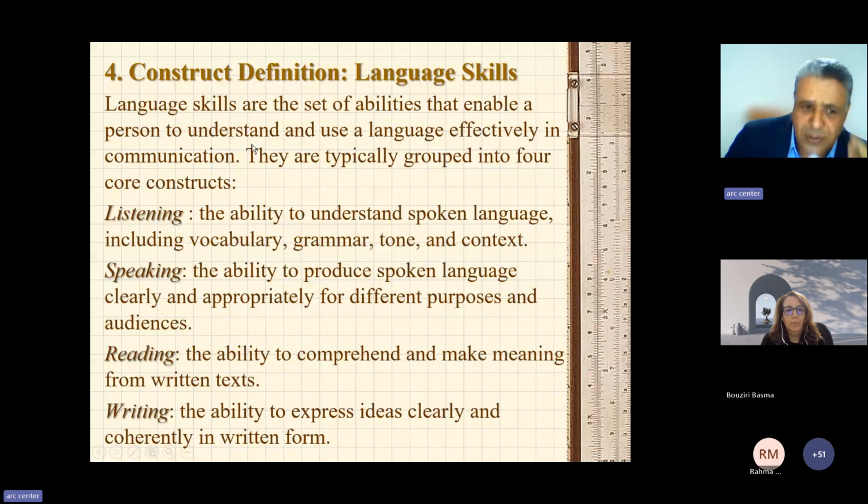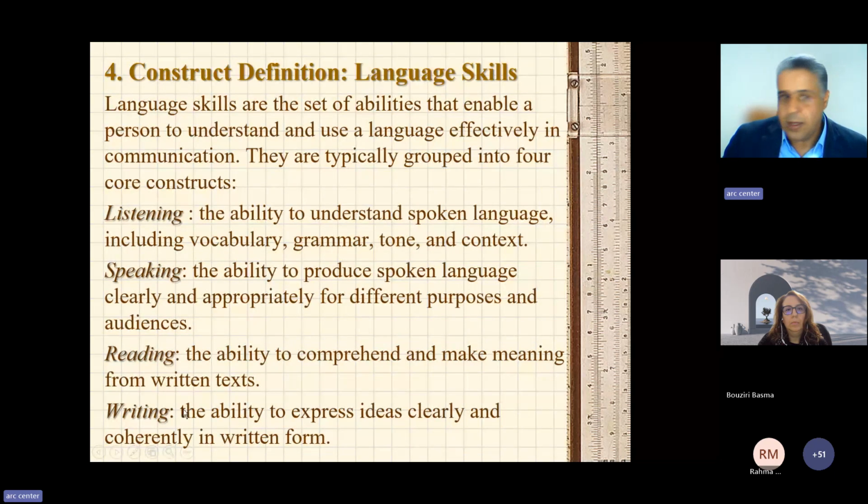So any task that is not communicative cannot be included in a test that is measuring language ability, because the construct itself relates to communication: listening, speaking, reading and writing. Two of them are productive, and the other two are receptive.